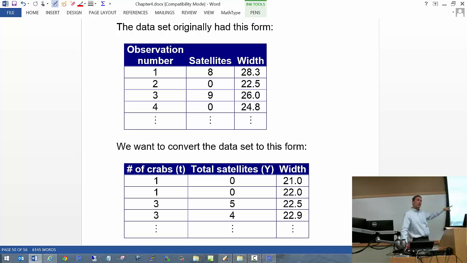Basically what I'm doing is aggregating my data over the same widths. So for a width of 22.5, there were 3 crabs, 5 satellites. And in the example that we already did, 22.9 in width, there were 3 crabs, 4 satellites total. Is everyone comfortable with this data format?